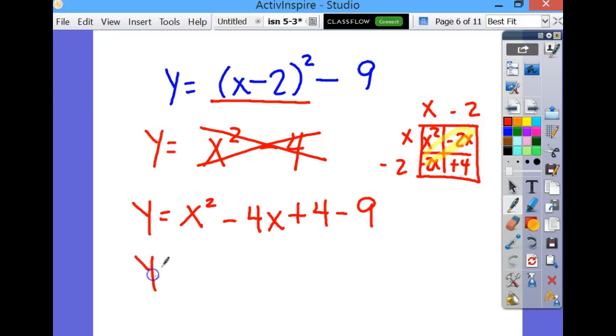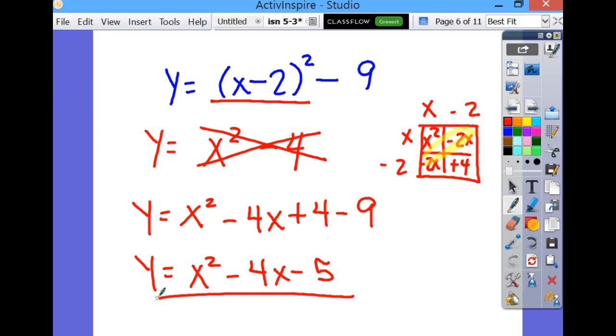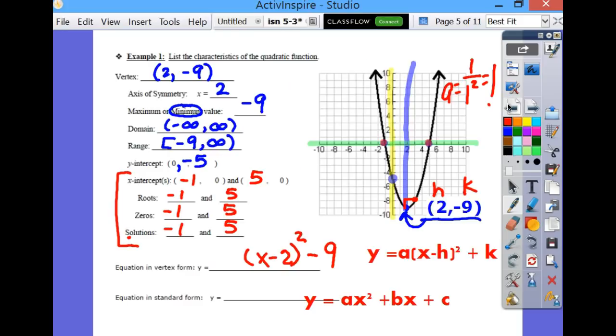Combine like terms, and this is x squared minus 4x minus 5. That is the equation in standard form. So this is y equals x squared minus 4x minus 5.